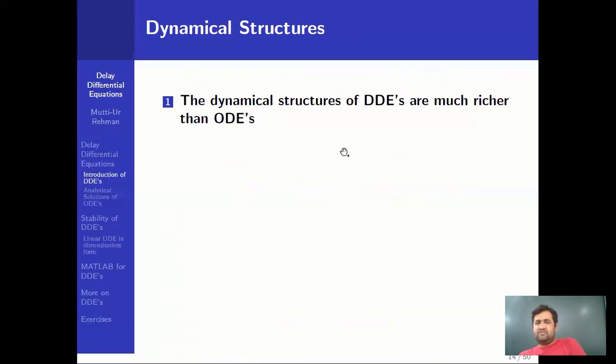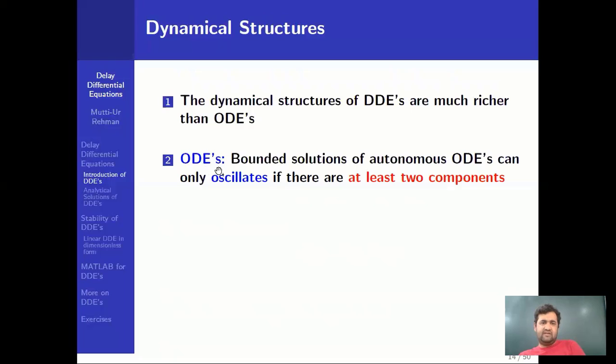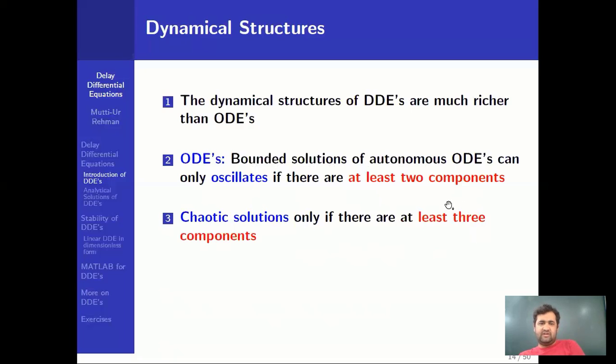The dynamical structures of delay differential equations are much richer than the dynamical structures of ordinary differential equations. For instance, for ordinary differential equations, the bounded solutions of autonomous systems can oscillate when you have at least two components, and you need at least three components in order to have chaotic solutions.